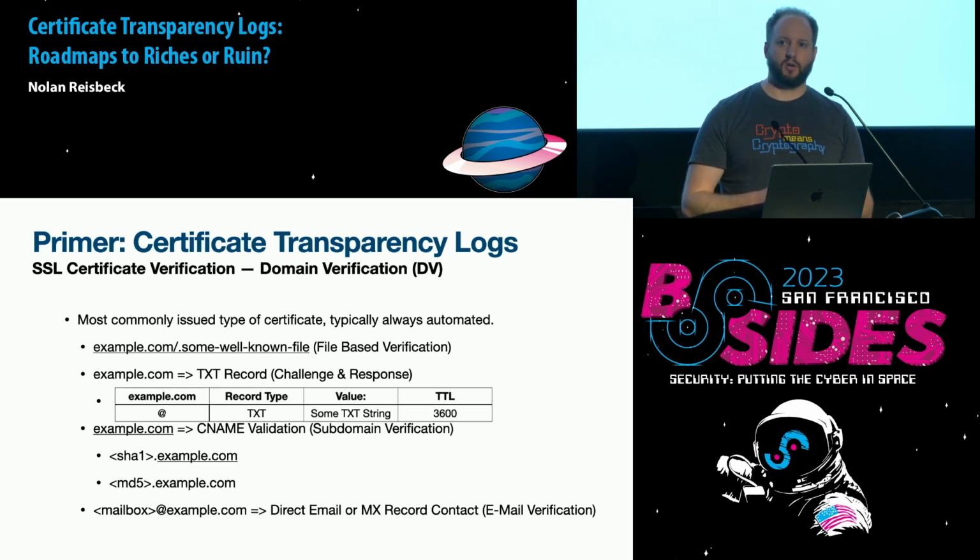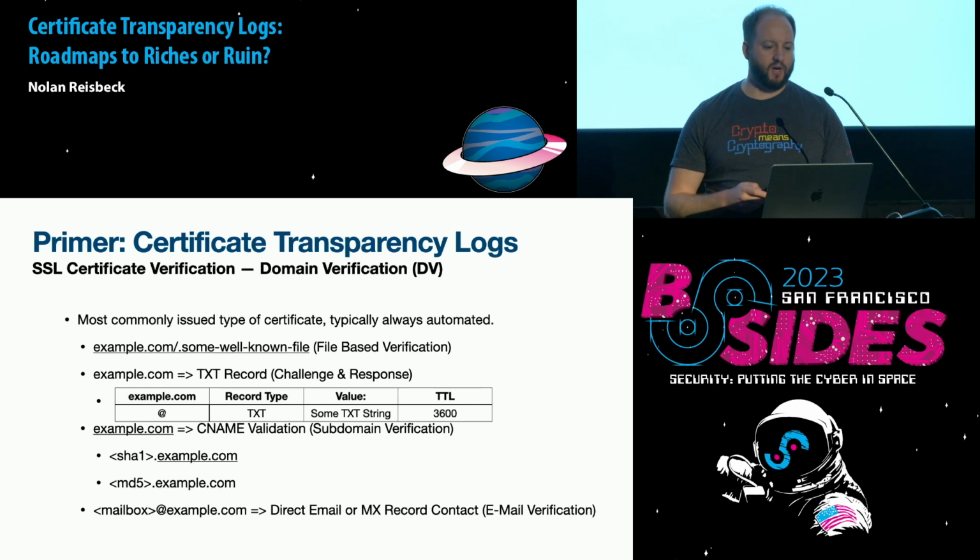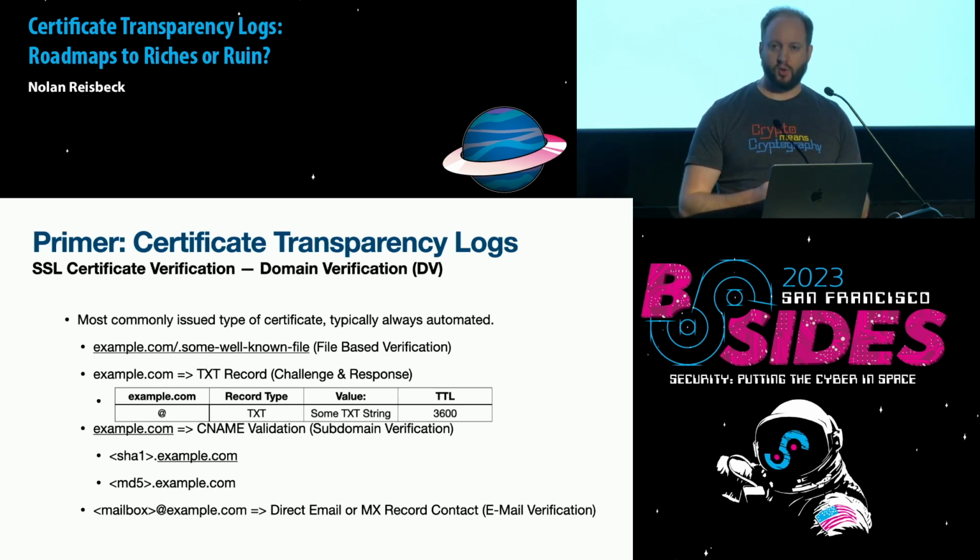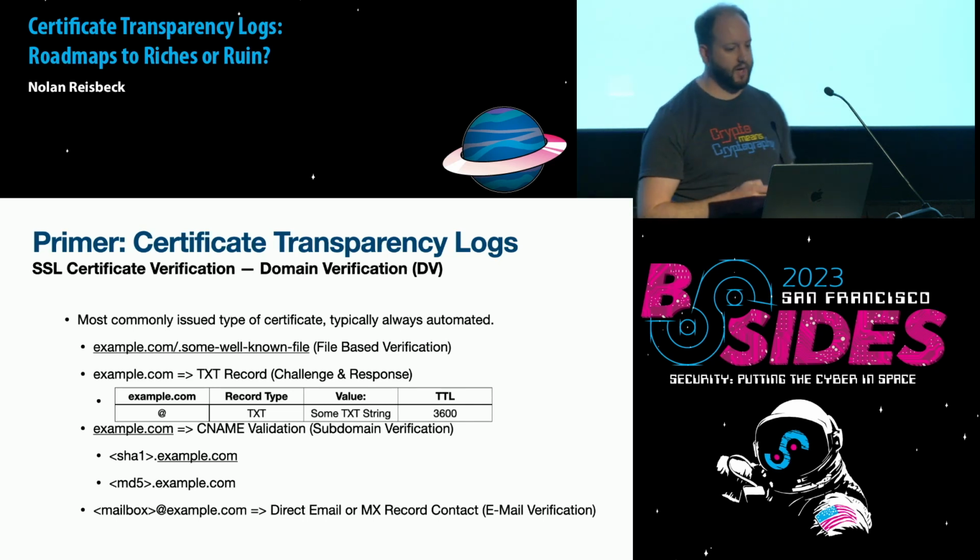But there are other CAs out there that will do email verification or things like that. So big takeaway there, DV certificates are probably what you're getting unless you're going out of your way to do a lot more paperwork, which I don't enjoy, and I'm sure you probably don't too, but we will cover those here briefly.